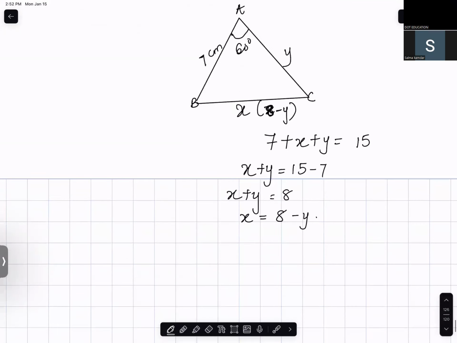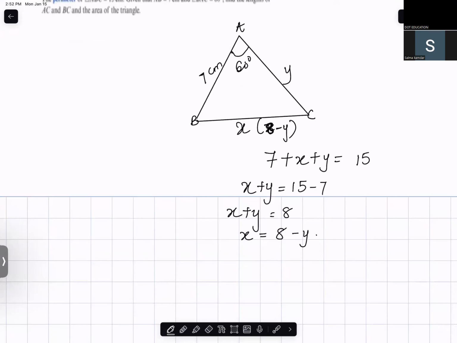And going back to this, I'm going to apply my cosine rule in order to find the value of X. Applying the cosine rule to that, we already have our side here, we have this side here, and we have this side here.